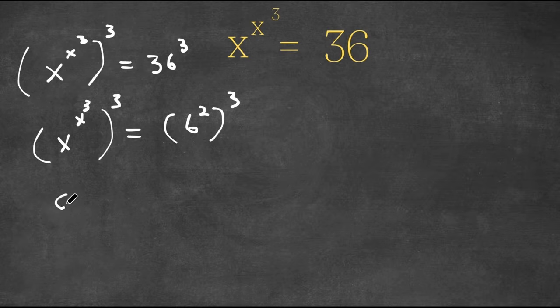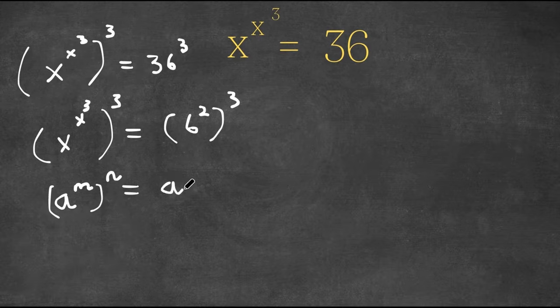Now, if we have something in the form a to the power of m to the power of n, this is equal to a to the power of m times n. So as you can see here, 6 squared to the power of 3, this would equal 6 to the power of 2 times 3, which is 6 to the power of 6.